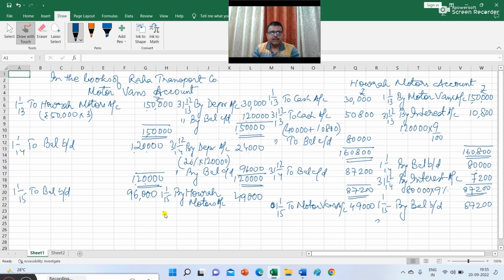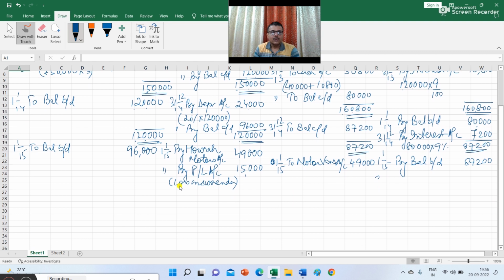So the balance amount on 1st January 2015, I have to charge to PL. So PL account debit to motor vans account, this will be 15,000. And this is loss on surrender. On 31st December 2015, you have to charge depreciation on the third motor van.